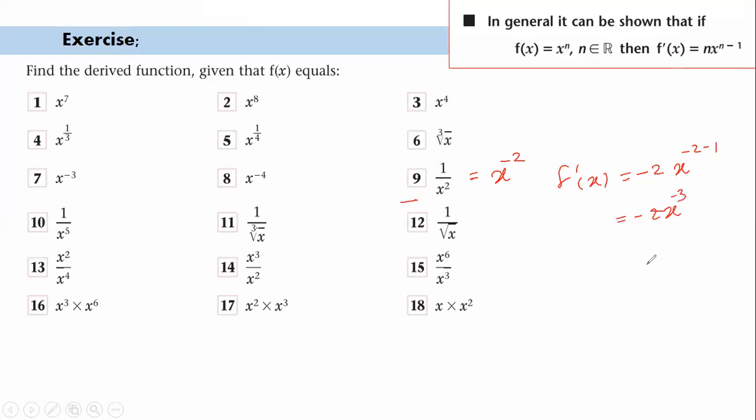If you want, you can write this with a positive index. So the 10th problem is similar, then the 11th problem, and then 13, 14, and all the way up to 18. They are very similar to the last two problems that we discussed in the examples.